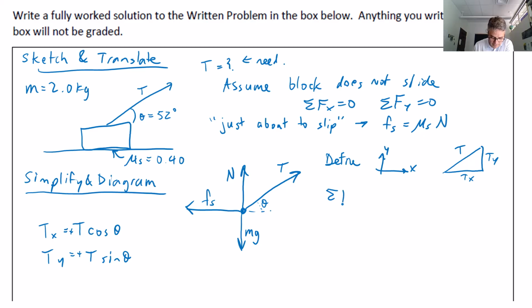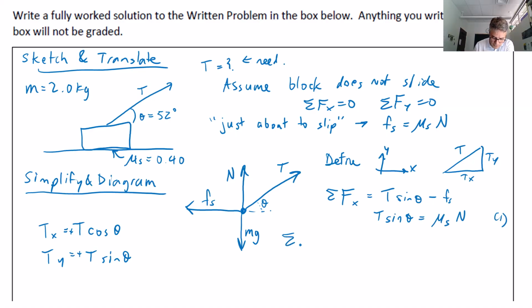Okay, so the sum of the forces in the x direction is going to be equal to t times sine theta minus the f sub s. And so those are going to be equal. So t sine theta, and I can plug in my equation here, is equal to mu sub s times n. So that's one equation.